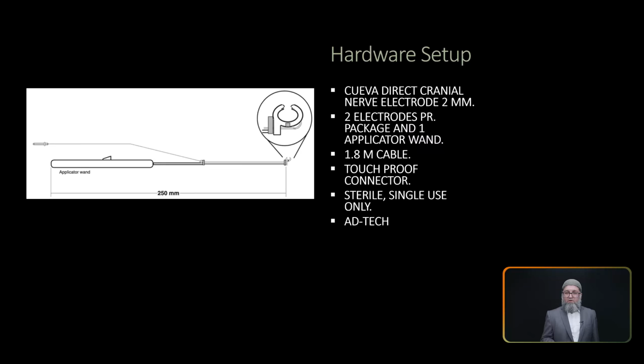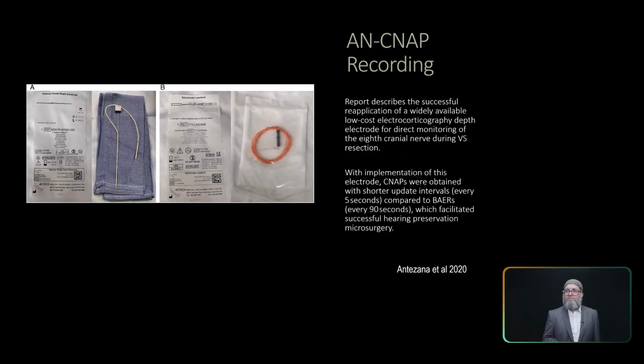The first one, the electrocochleogram, can be recorded from a needle, a gold foil electrode, or a cotton wick electrode. For the auditory nerve action potential, you can place the gel cotton wick electrode, but you have to suture it to the skin or some place so it doesn't move, or you can place this Cuva electrode which snaps on the nerve.